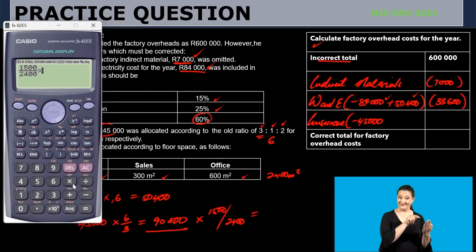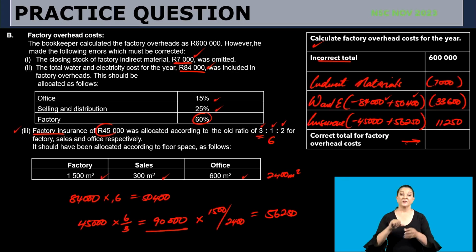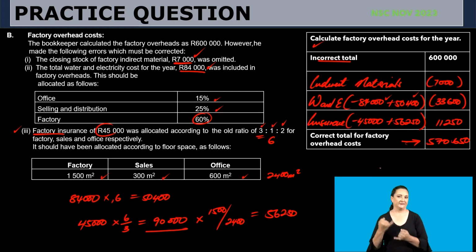And then we multiply by 90,000. That will give me 56,250. So I'll come in, then I'll say plus 56,250, and then I close the bracket. That will then give me 11,250. Then I can get the total correct amount for factory overhead cost, which is going to be 570,650. That becomes the final amount.